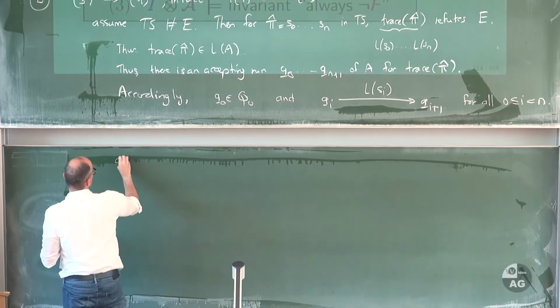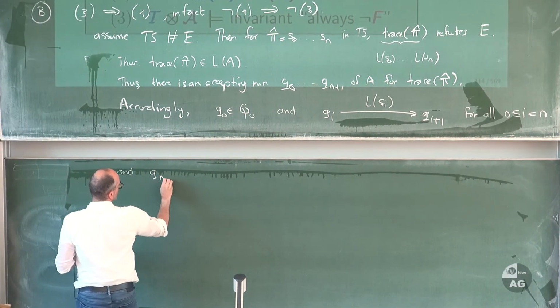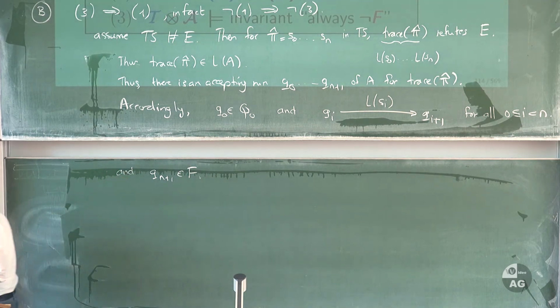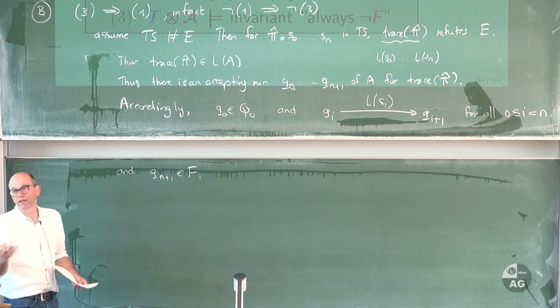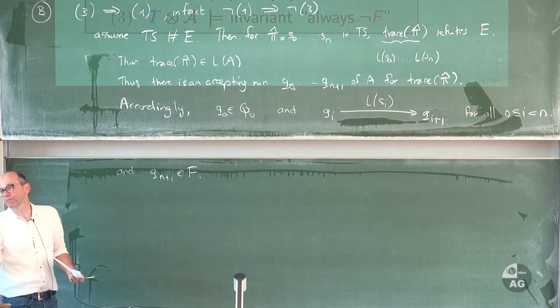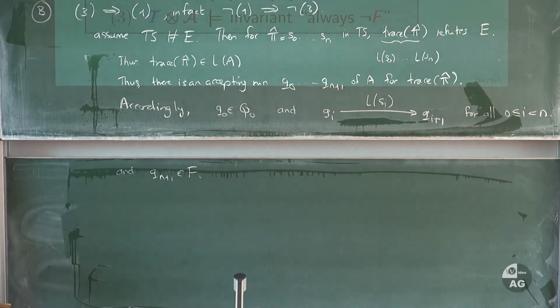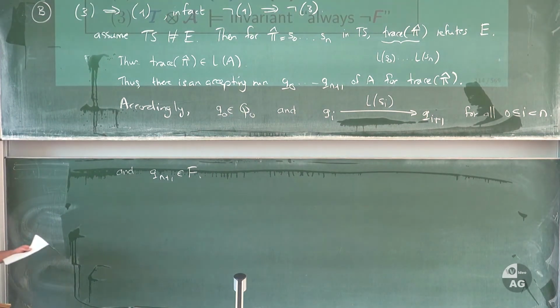And we know that Qn+1 is in F. Good. So now the reasoning is the other way around, right? Now I start with saying I have a bad prefix, then because of the bad prefix automaton, it needs to be accepted by this bad prefix automaton. So take this accepting run and try to, from that, construct something which holds for the product.